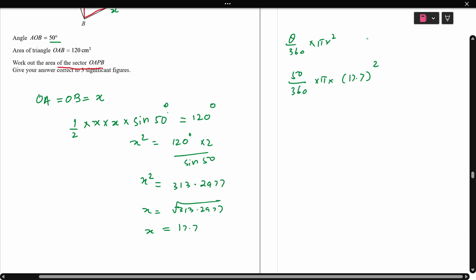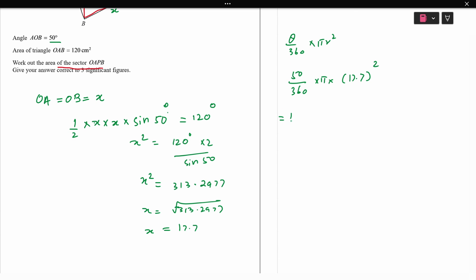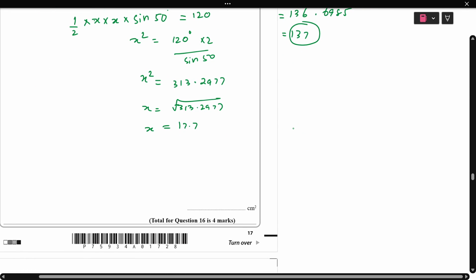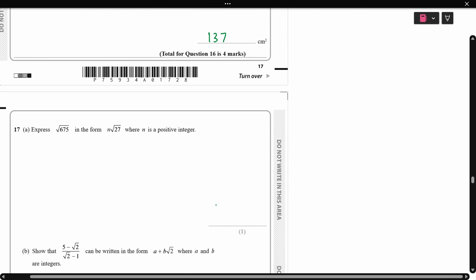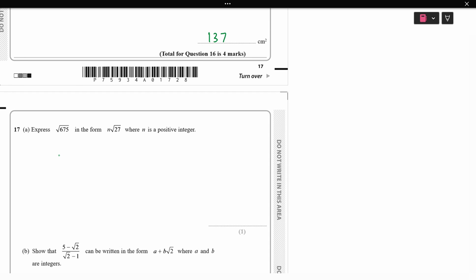When we calculate, the answer is 136.6985. For three significant figures we need to round off, so 137 is the answer. 137 centimeters squared.